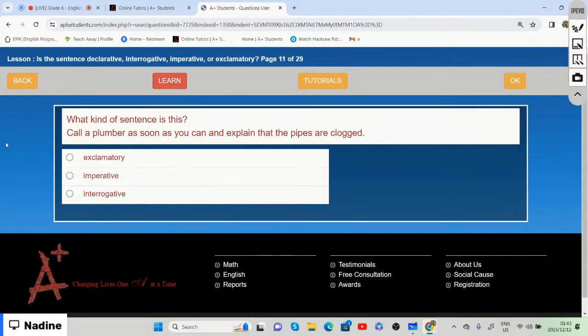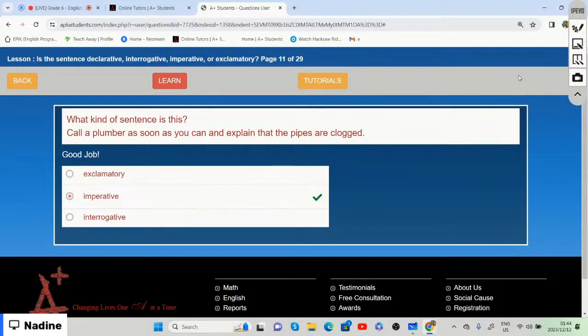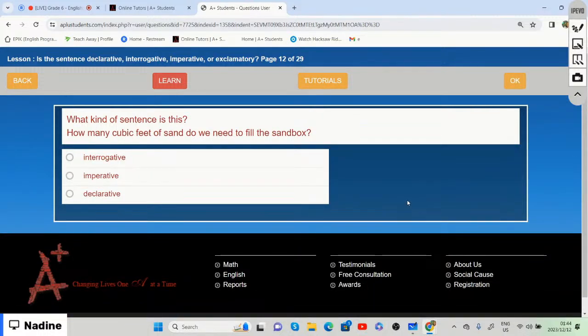So we will say it is an imperative sentence. Because remember, exclamatory ends with an exclamation mark. Interrogative is a question that is being asked. It ends with a question mark. So we will go with an imperative sentence. All right, an imperative is correct.